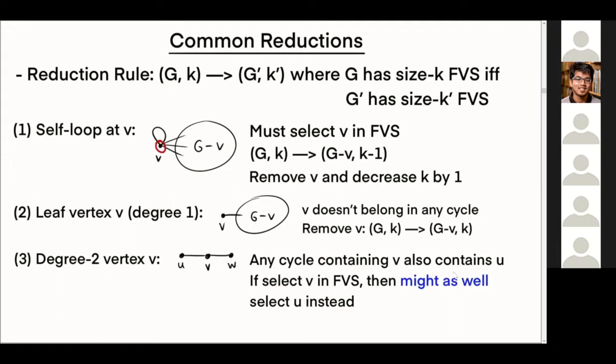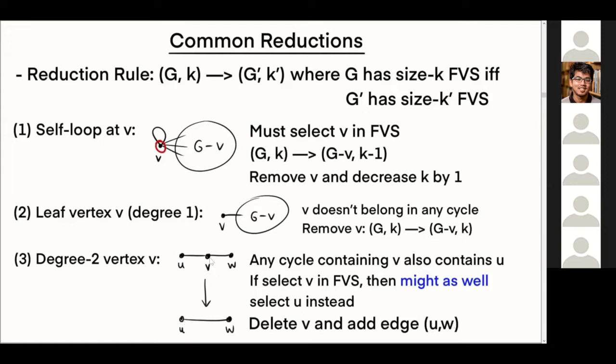In particular, any feedback vertex set that contains v could select u instead, because u will hit just as many cycles as v will, and possibly more. So in this case, we can just imagine ignoring v, because we might as well select u later on if we need to. So what we're doing is deleting v and adding the edge (u, w).